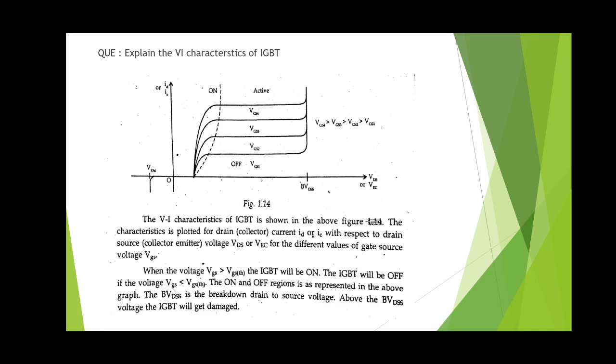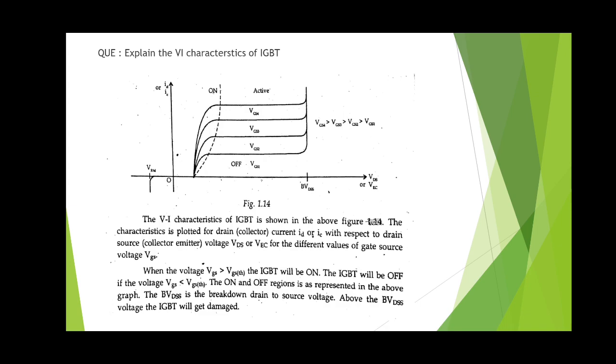When we see the plot, we plot the characteristics of the drain current with respect to the drain to source voltage. The characteristics are plotted for different values of gate to source voltages. When the gate to source voltage is greater than the threshold voltage, that is VGS threshold, the IGBT turns on, and the IGBT will go to the off state when the value of VGS is less than the threshold value.